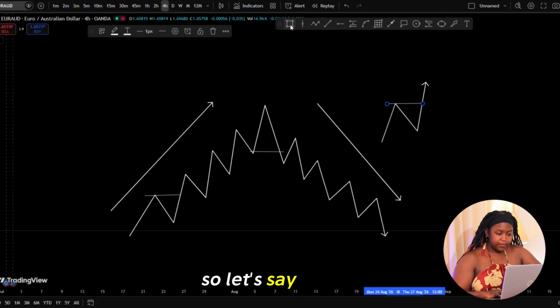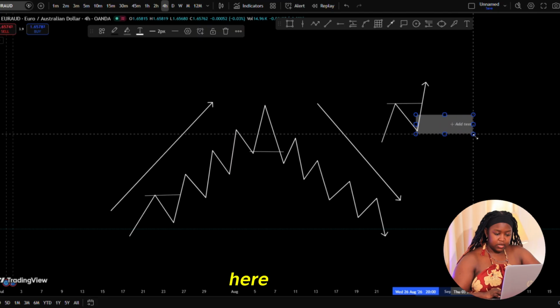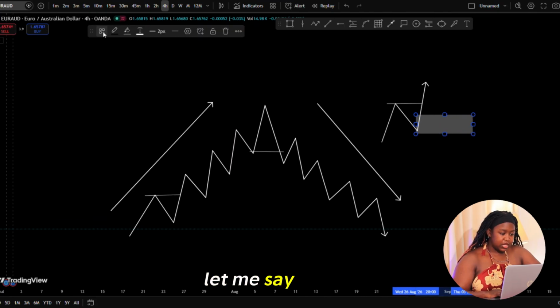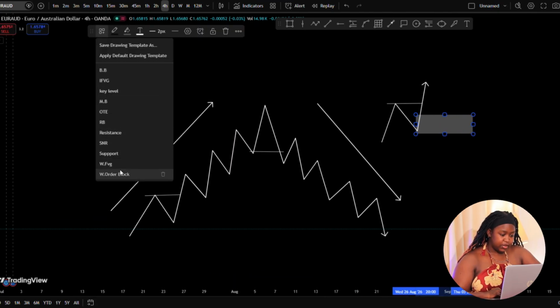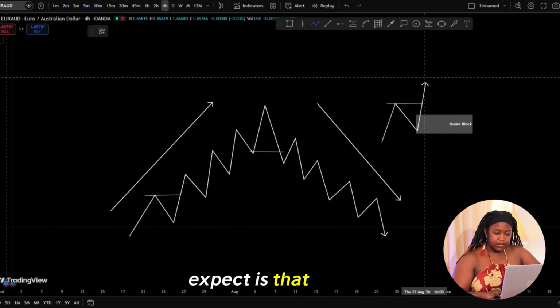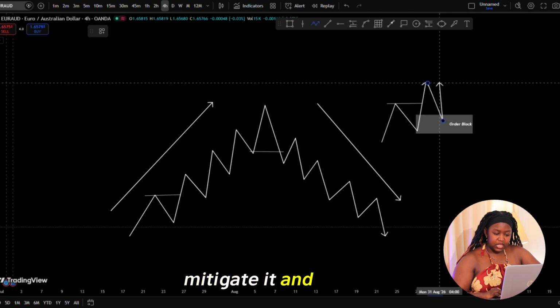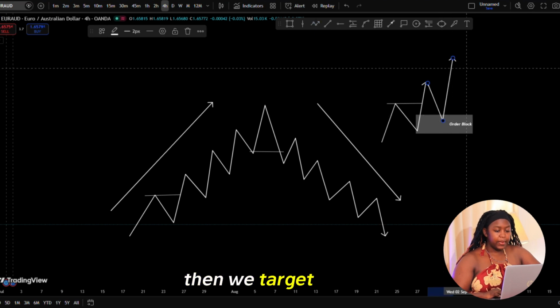So let's say down here there's, let me say, an order block. So that's an order block. What we expect is that price retraces to this order block, mitigates it, and then we target buys.